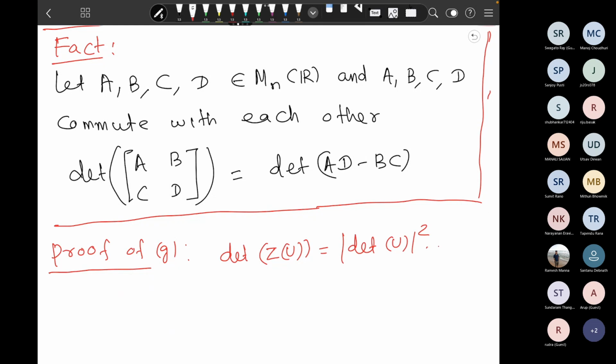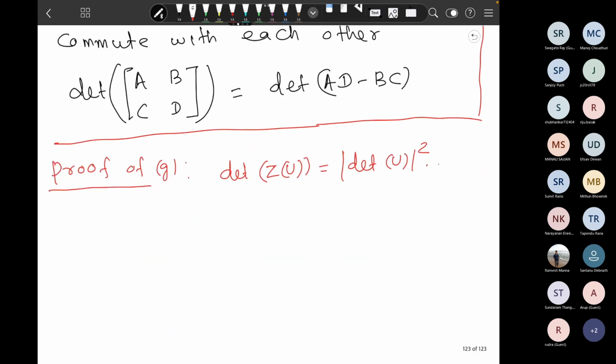This I want to prove. First, suppose U belongs to MnR.